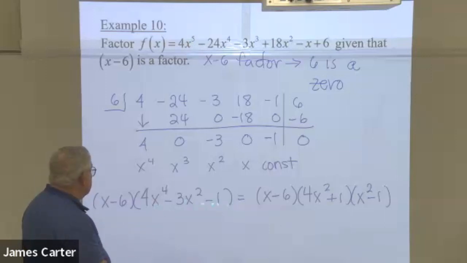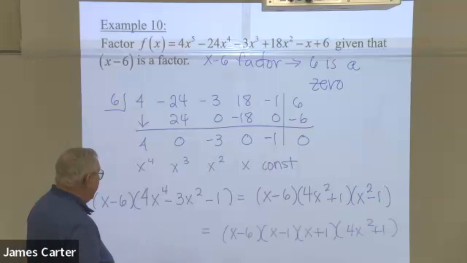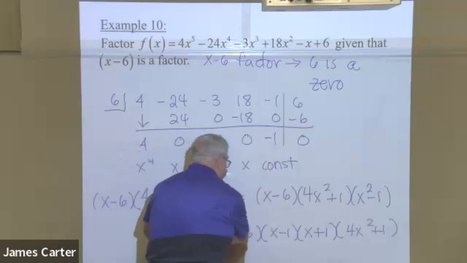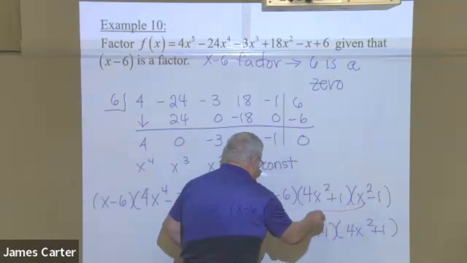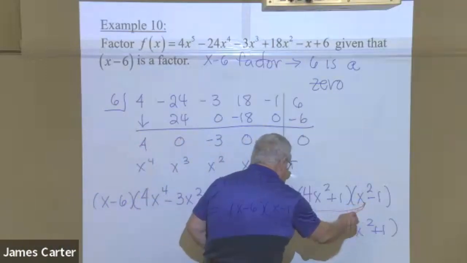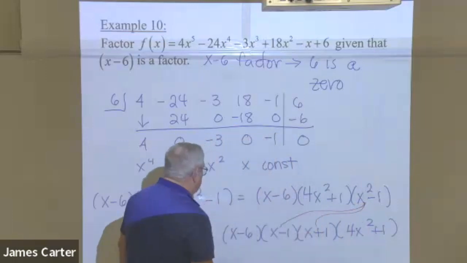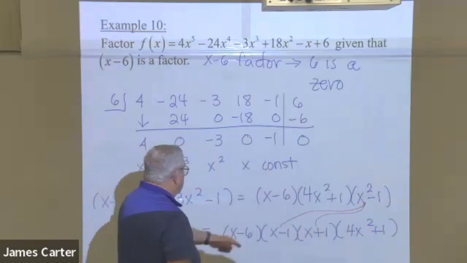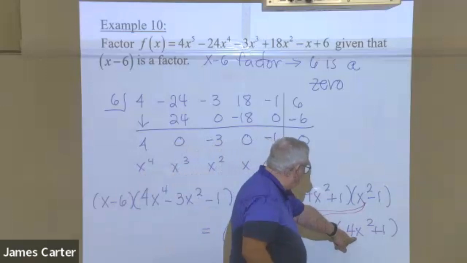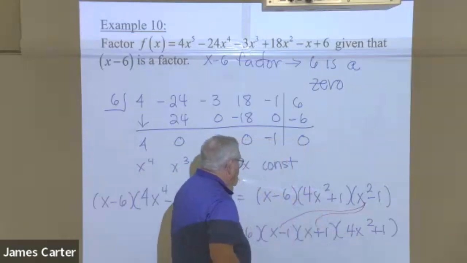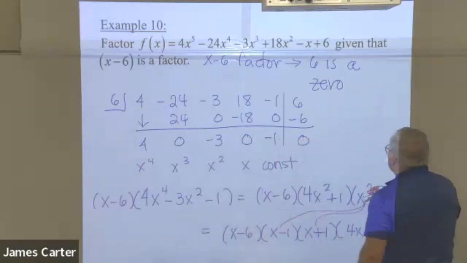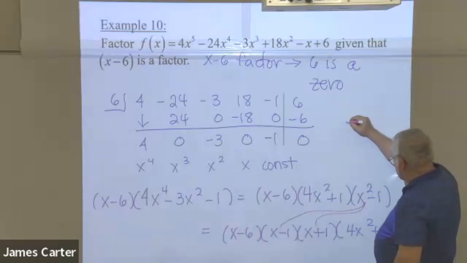By the way, this does factor into those two terms. This term, in turn, factors into those two, leaving us this. Now, that one we can solve using the property of square roots.